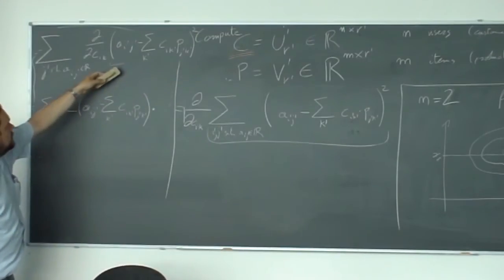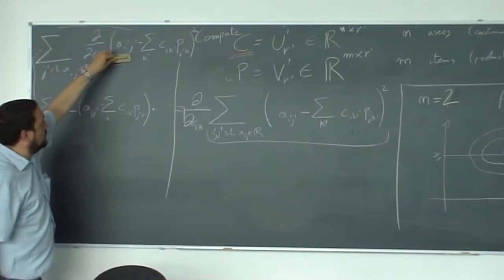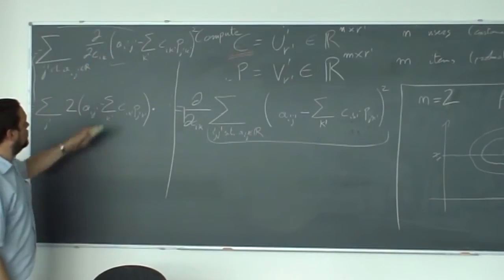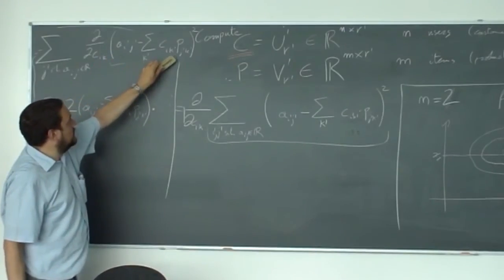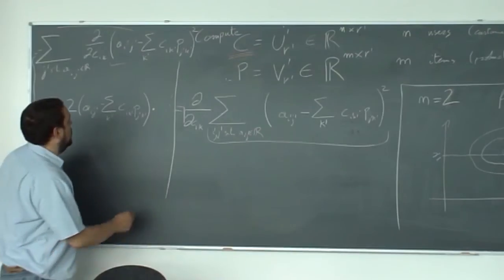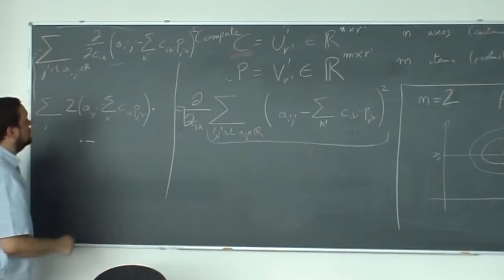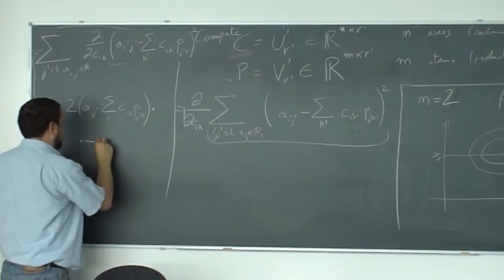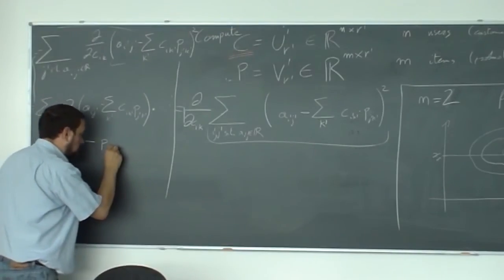The derivative of the interior of the square, here it's 0 because this does not depend on Cik. The only element here that depends on Cik is for k equal to k prime. So it's times minus Pj prime k.